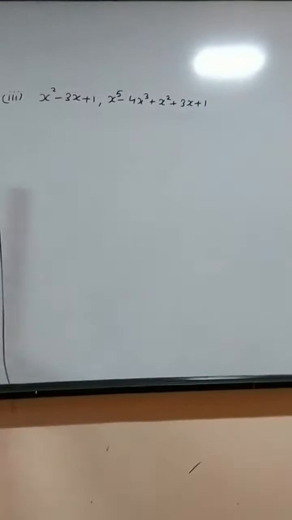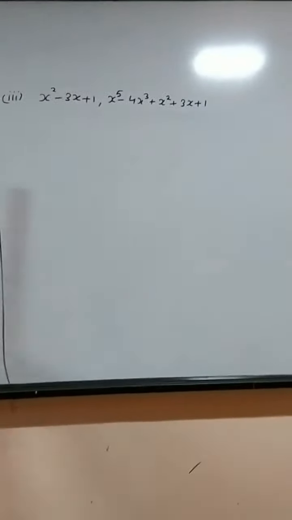Here alpha is 1/2, beta is 1 and gamma is minus 2. Now verify the relationship. Alpha plus beta plus gamma: 1/2 plus 1 minus 2. 1 minus 2 is minus 1. Take the LCM: 1 minus 2 by 2, minus 1 by 2.